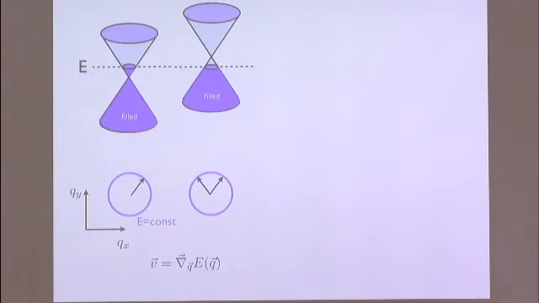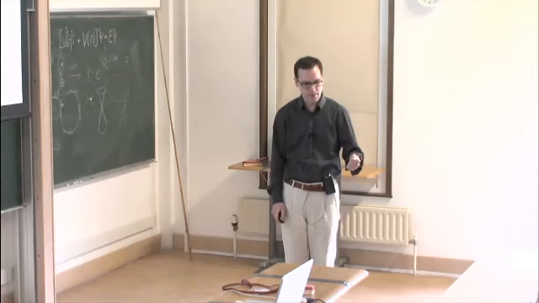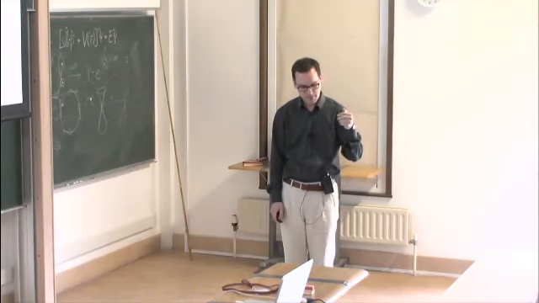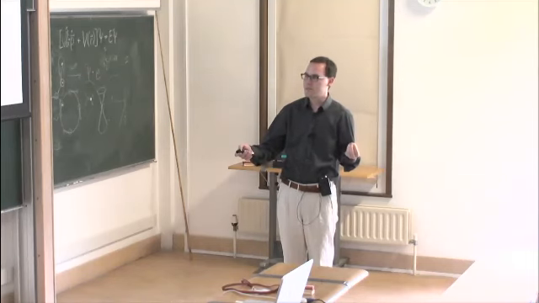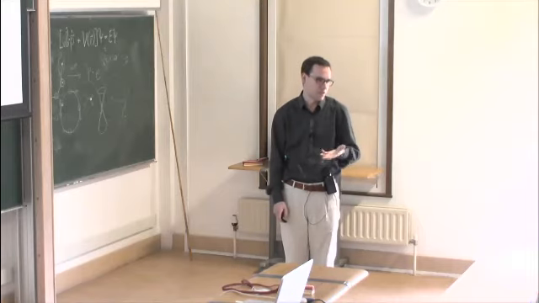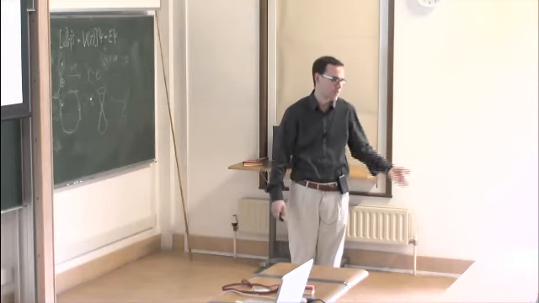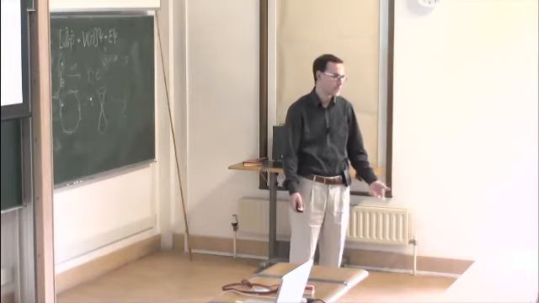So let's have a closer look at what these wave vectors mean in terms of the velocity. If we were to construct a wave packet by taking wave vector components only around a certain given wave vector, then we would find that the velocity would always be given by the derivative of the energy with respect to the wave vector. That's a general result for the group velocity of wave packets given any dispersion relation of any kind of wave.